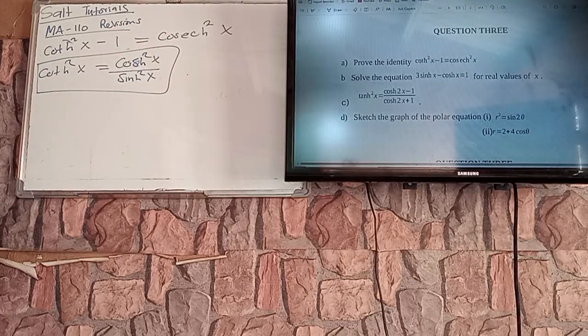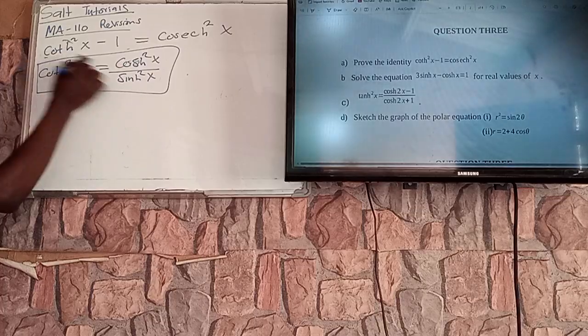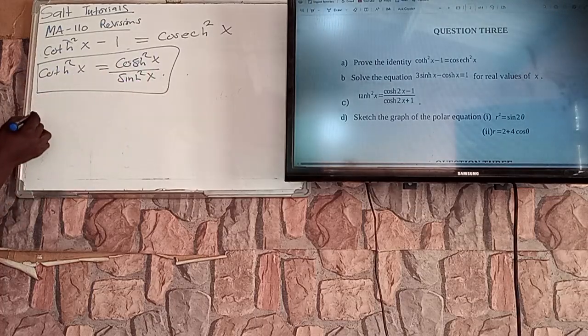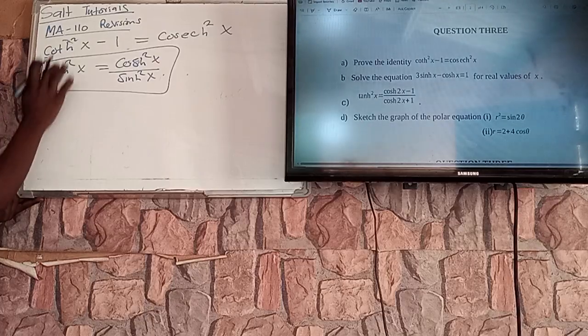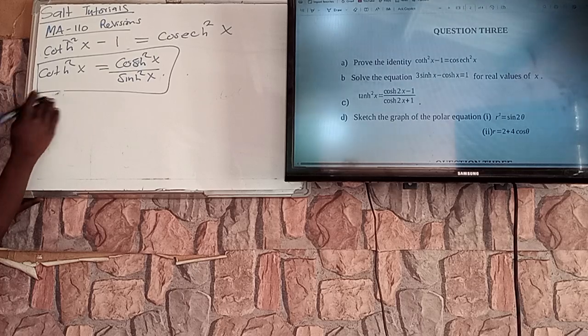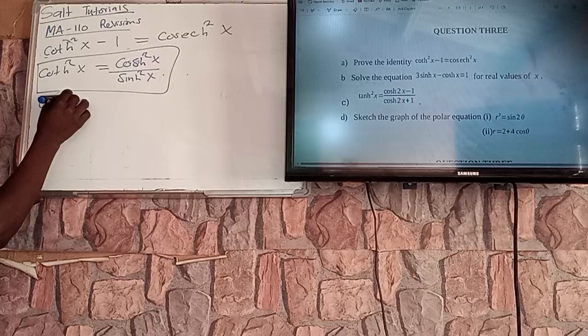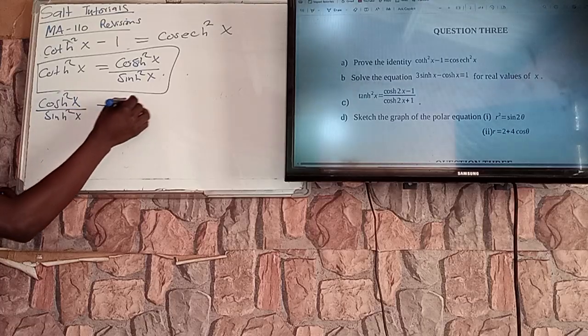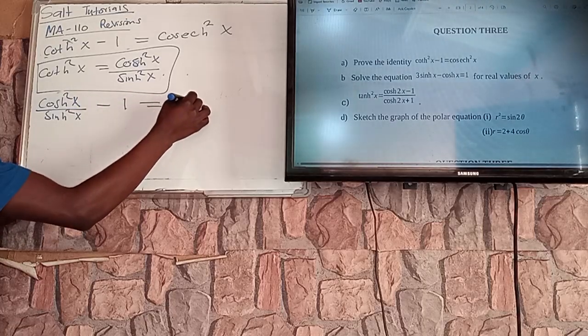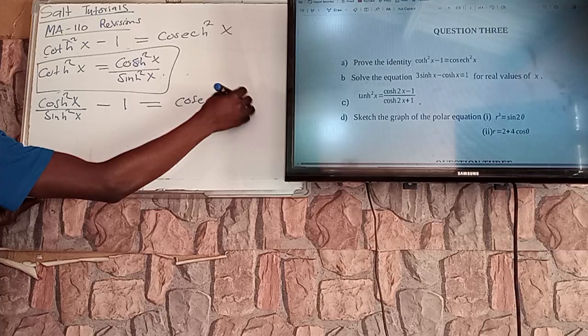You can replace cot with this, so I'm going to have cos squared x over sine squared x minus 1, which should give us cosec squared x.